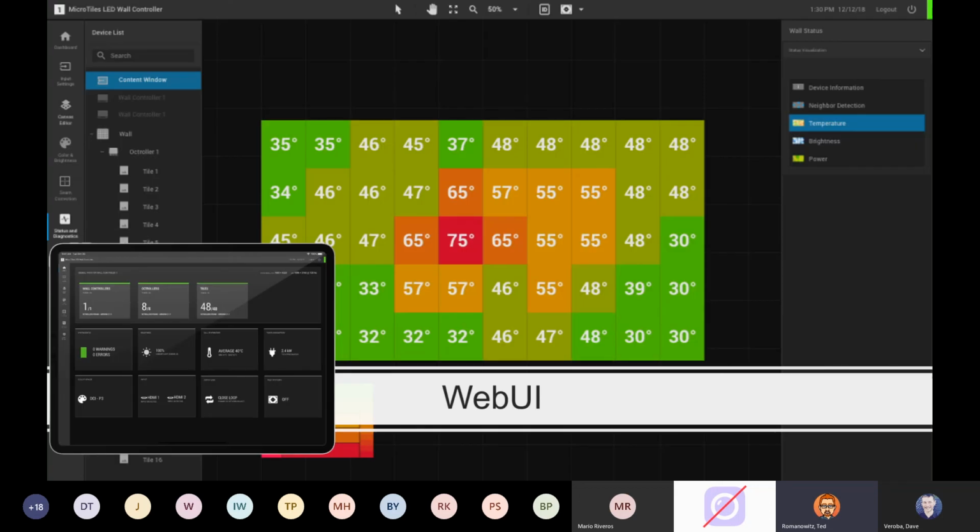All of that basically gives you a huge amount of peace of mind, which is important if you're making an investment like this. Now I want to talk about the web interface, because as we deconstructed the whole idea of an LED video wall, one of the things we realized was that the experience of interfacing, of making changes to the wall as it stood before, was really kludgy.